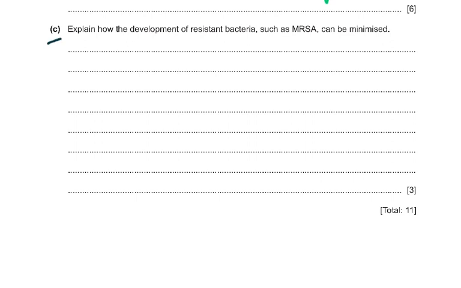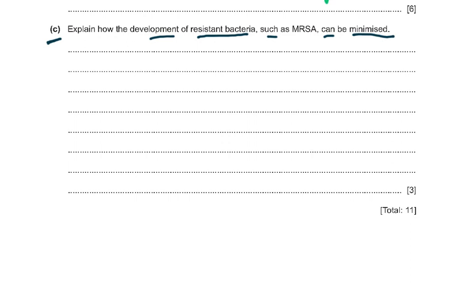Now coming to part C, explain how the development of resistant bacteria such as MRSA can be minimized. Well, use antibiotics less often, or prescribe them less often. Do not use for viral or fungal infections. Make sure people complete their course of antibiotics.